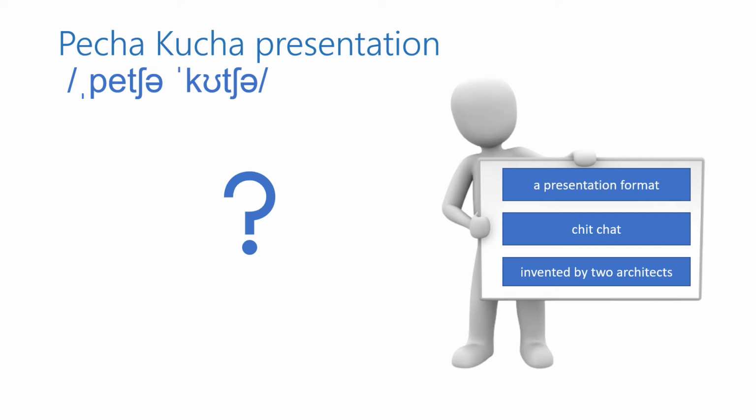This name is pronounced in different ways. In the Cambridge Advanced Learners Dictionary, you will find this pronunciation, Pecha Kucha. In the video that you are going to watch, they pronounce it differently, Pechacha. So let's watch the video.